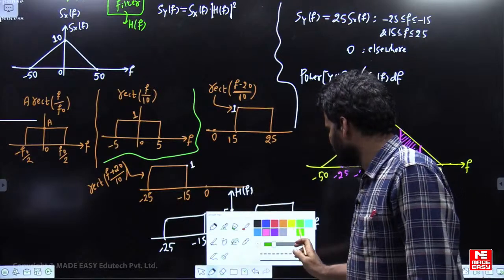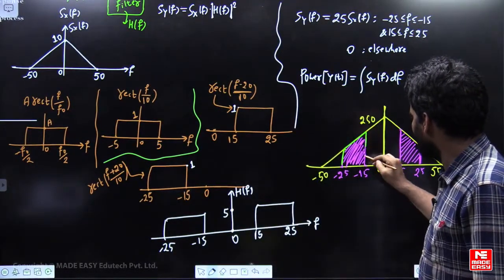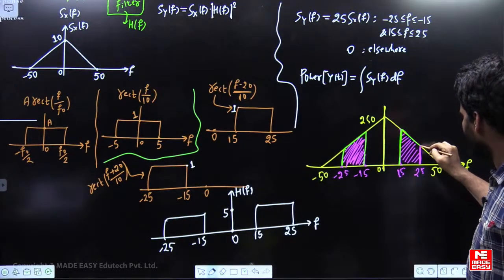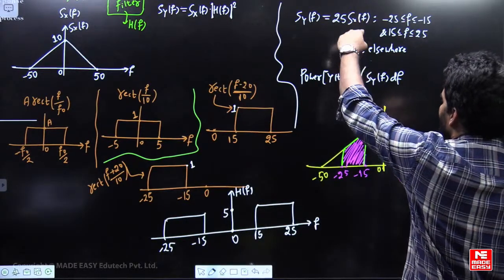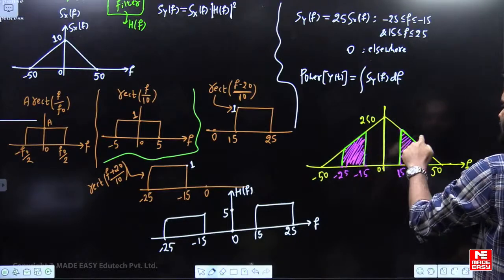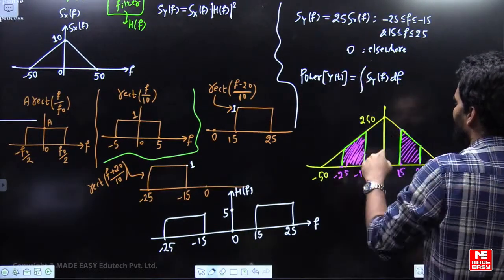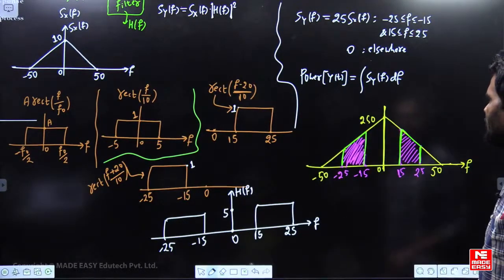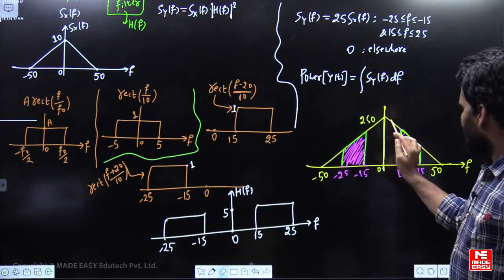What I plotted here, I can say this is SYF. SYF is 25 times SXF, but only in this region. So the total area under the PSD will give you the power. So we have to find this area plus this area. Here this area is going to be the same only.